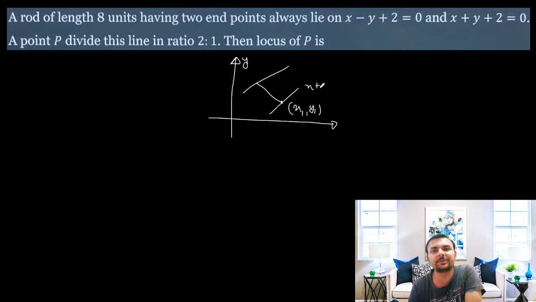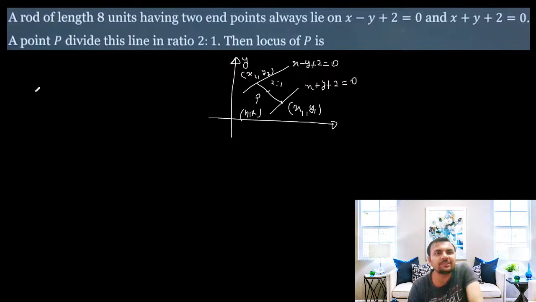This is x plus y plus 2 equal to 0. This is x2 comma y2. This is x minus y plus 2 equal to 0. Point P, h comma k, divides the line in 2 is to 1 ratio. So this line will come first. So this is 2 is to 1.